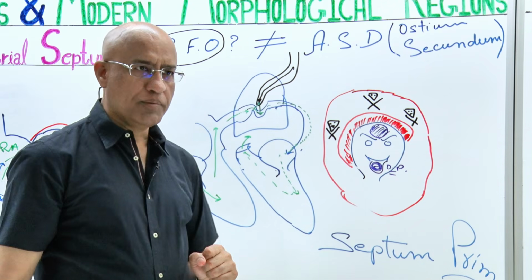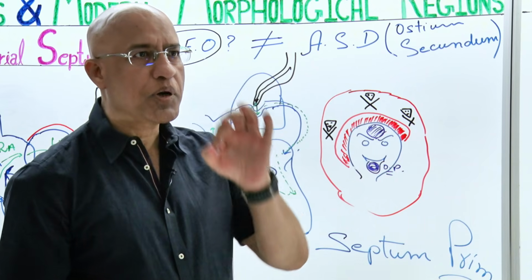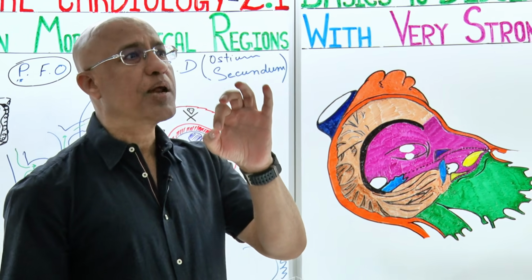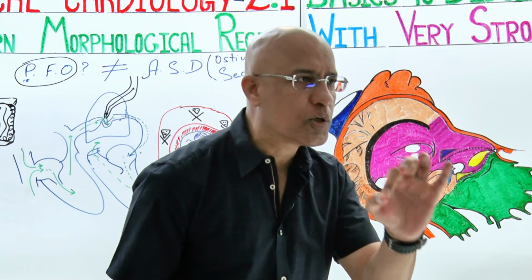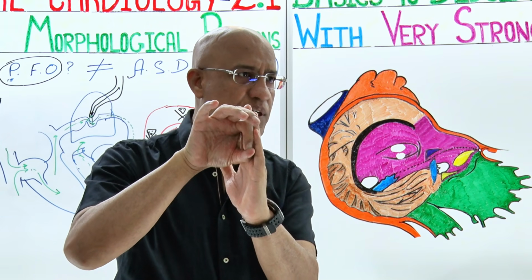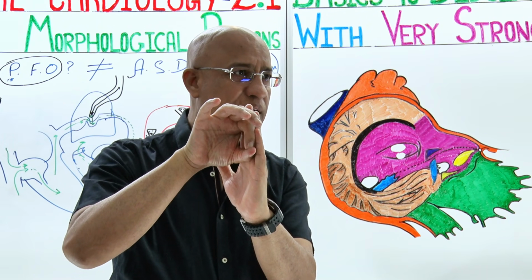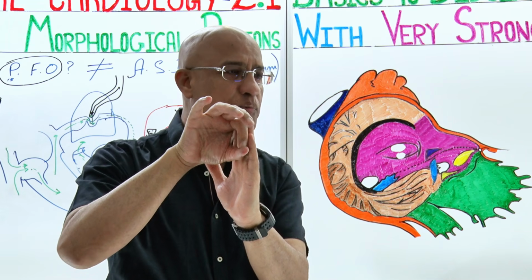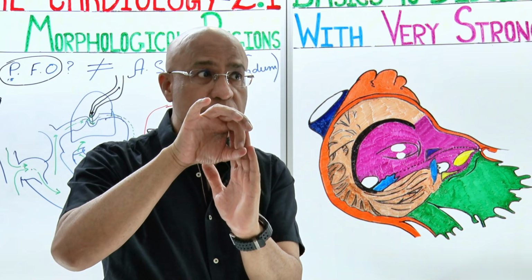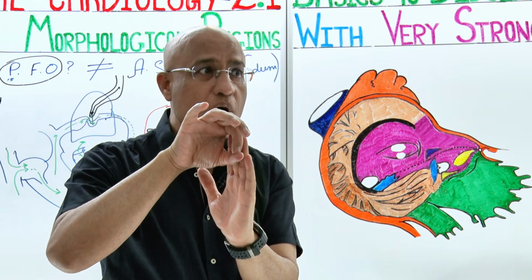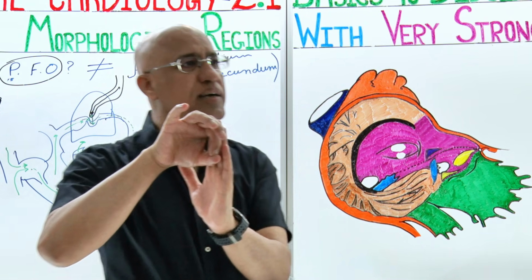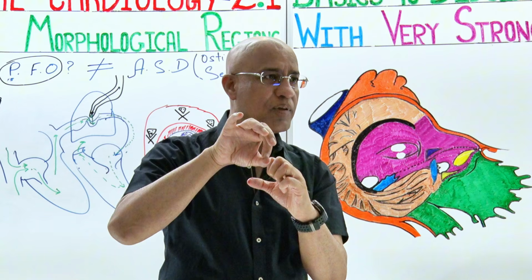What is the ostium secundum? Ostium secundum is a permanent opening in the upper part of the fossa ovalis, which is primarily due to deficient tissue. The tissue which was supposed to produce this partition, truly speaking, was either underdevelopment of the septum primum, or the septum primum initially developed well and then it went under over-absorption due to apoptosis.